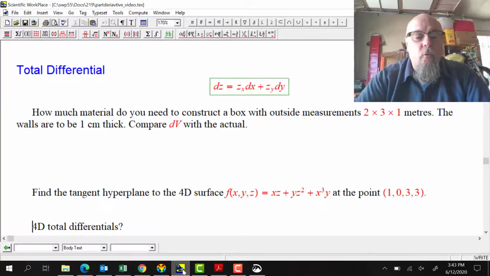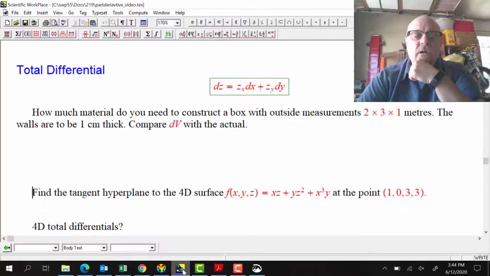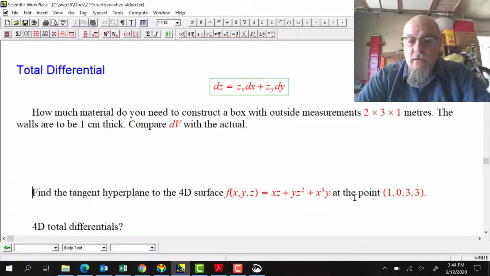Are there such things as 4D total differentials? Yes, you could have any D. This last part here, find the tangent. Oh, hyperplane. So this is exciting. Here's a 4D surface. Goes through the point 1, 0, 3, 3. And I want to find the equation of the tangent hyperplane.